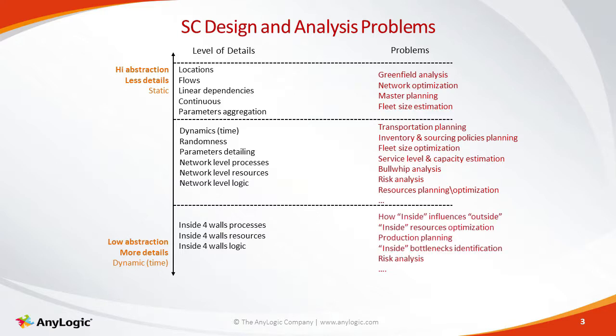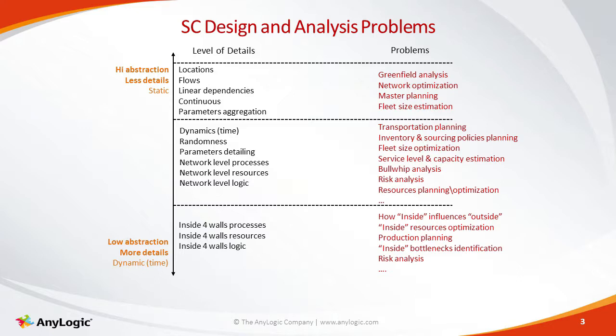You may estimate how this inside logic influences your overall supply chain, how, let's say, production planning influences the supply chain KPIs. So the more details you take into account, the more problems you may address.